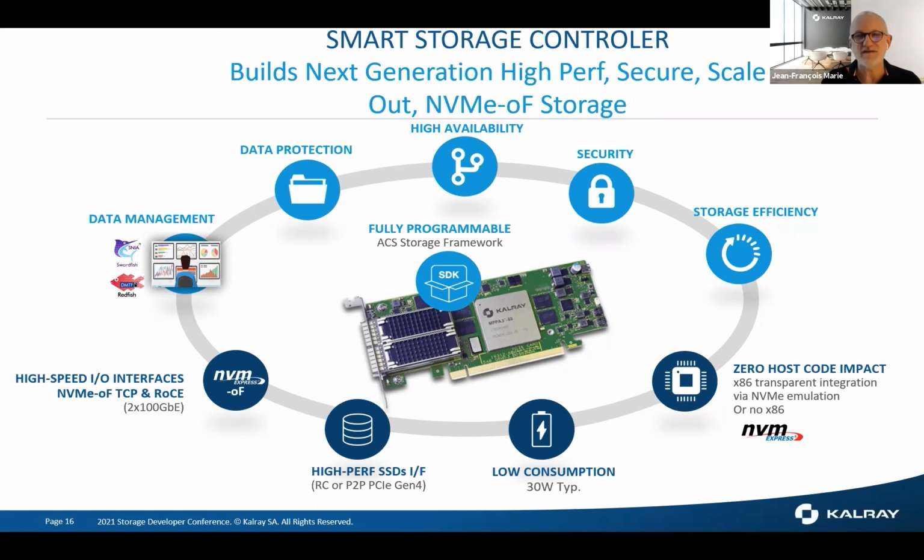NVMe runs over TCP, over Fibre Channel, over RoCE, over PCI. That's very nice. So it's really streamlined. And I want to make sure that we are not a blocking factor. We mentioned, the power consumption is going to be key tomorrow, right? I know many data centers where consumption is a problem. And when you think about the edge, 30 watts is something very interesting.